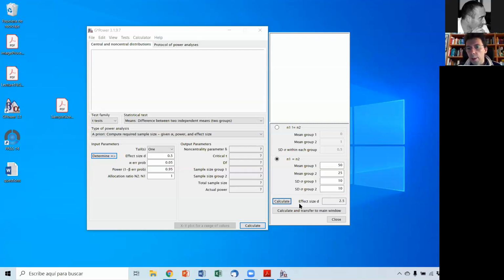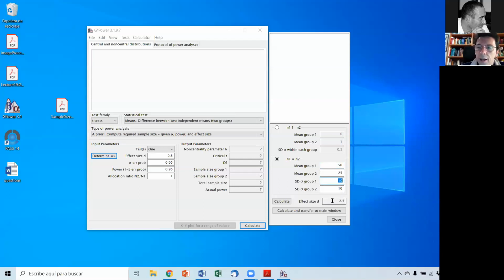Now you calculate the effect size. It is a normalization that we will see later. This change of 25 in terms of standard deviations is 2.5, and we can see this easily. In this example, the difference between the two groups is 25. 25 divided by 10 is 2.5.